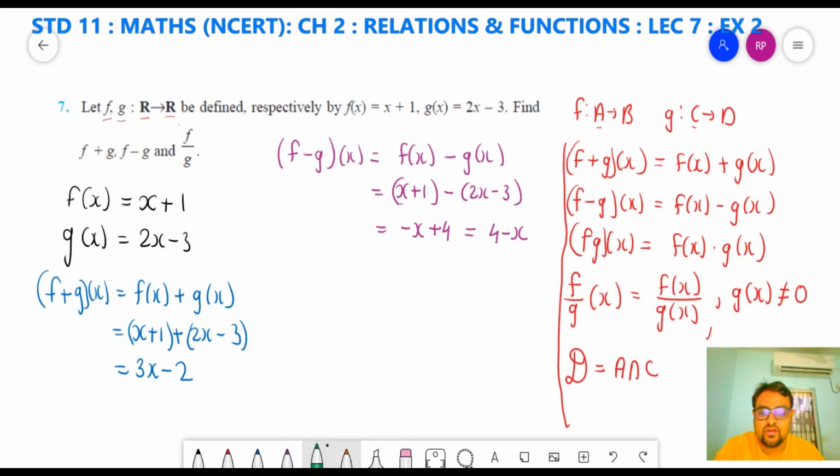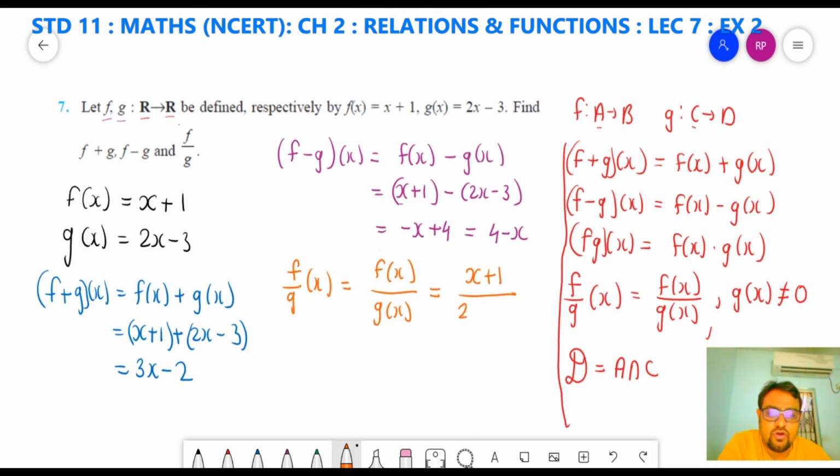And the third one, that is f by g. This will be equal to f(x) upon g(x). So f(x) is x plus 1, upon 2x minus 3.